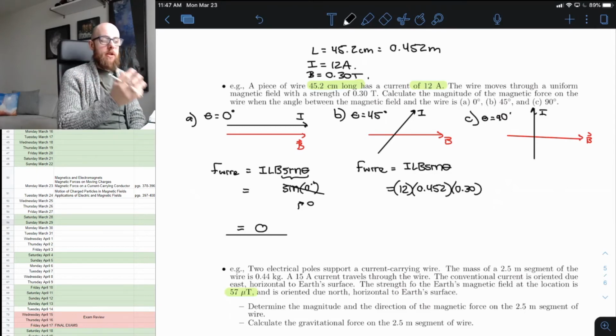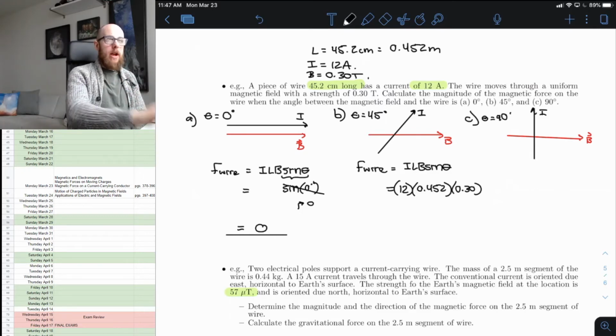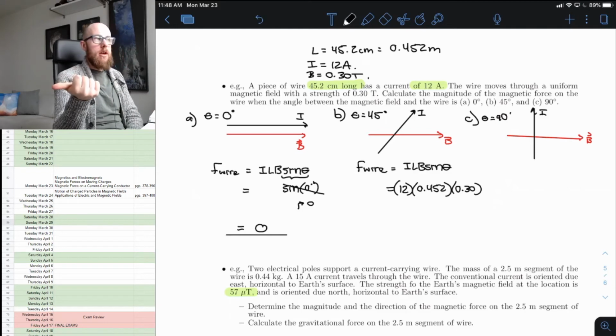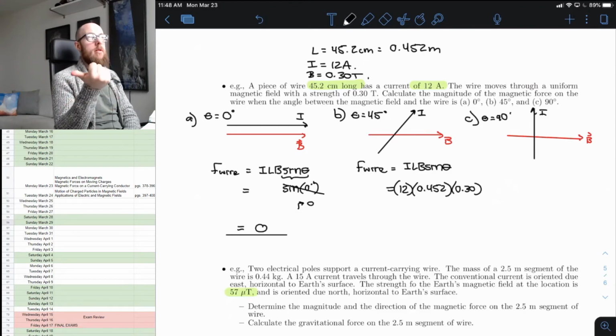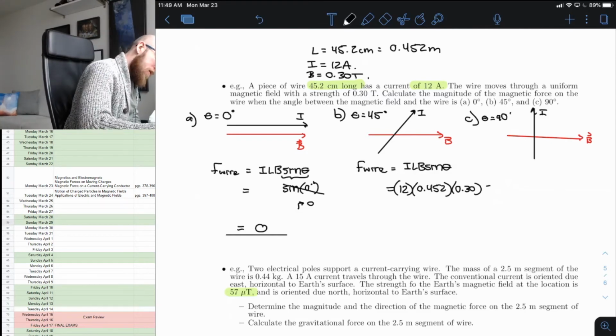However, if we consider electrons flowing through it, the direction should be opposite, right? However, the right-hand rule still applies, right? So conventional current, magnetic field, force. That's the key here, okay? So we're not considering what's actually happening in the wire, the fact that electrons are the particles that are flowing.